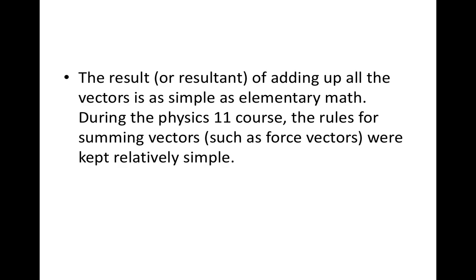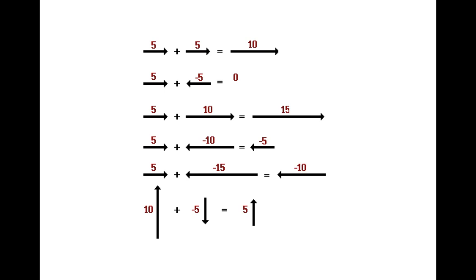The result or resultant of adding up all the vectors is as simple as elementary math. During the Physics 11 course, the rules for summing vectors, such as force vectors, were kept relatively simple. So for example, adding and subtracting vectors in Physics 11 was simply adding and subtracting positive and negative numbers together. So positive 5 plus a vector of positive 5 means they're in the same direction, and the resultant vector is positive 10.